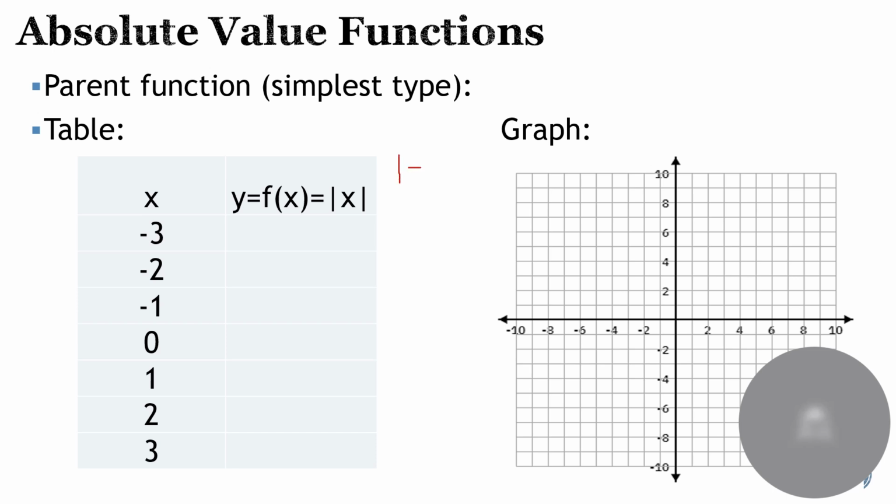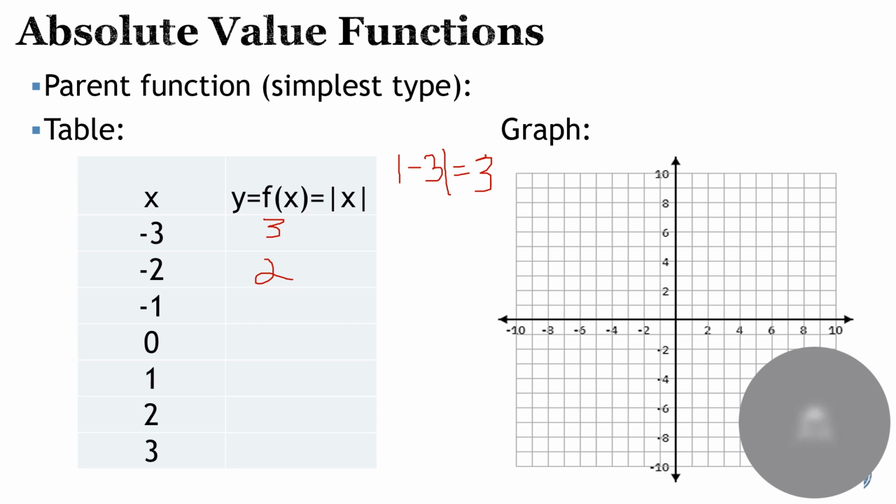So the first one, the absolute value of -3 is 3. And so we end up with the 3. Now I can repeat this: the absolute value of -2 is 2.